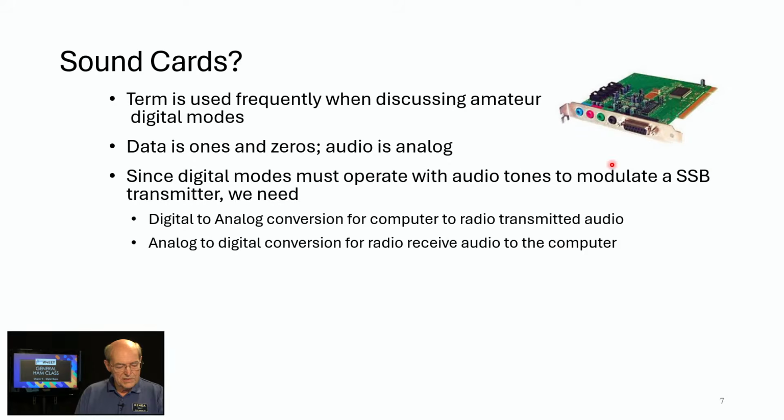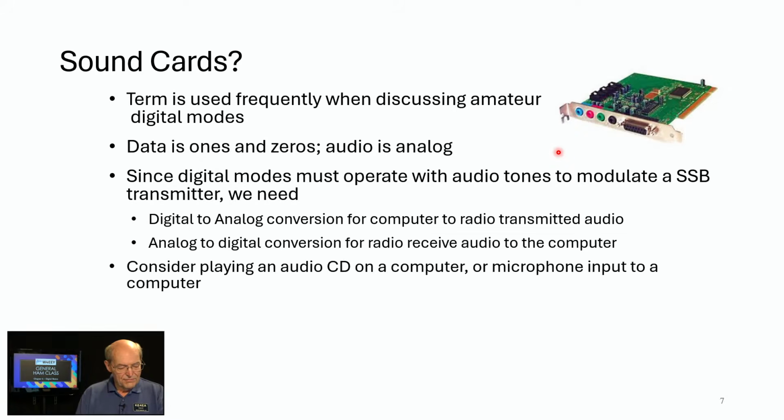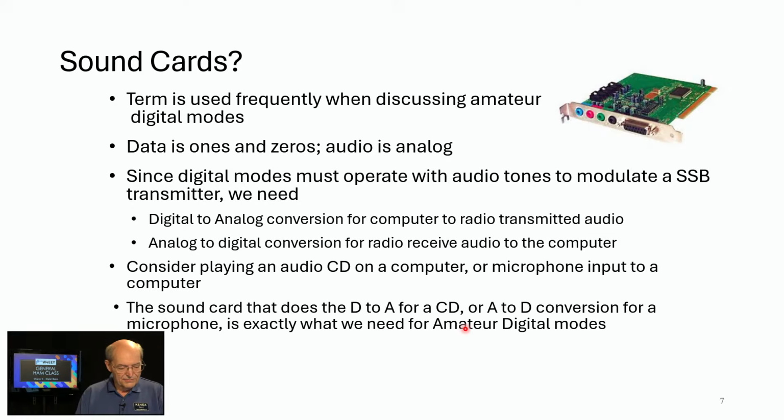That all happens as a result of using what we're calling a sound card. It's very similar. This might help make the connection. If you play an audio CD on a computer or use the microphone input to record notes, that's using this same functionality. Well, this same functionality is exactly what we need for ham radio digital.